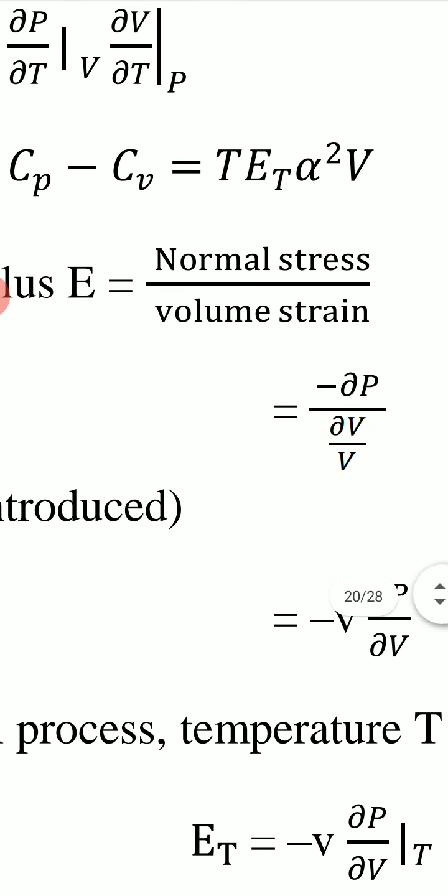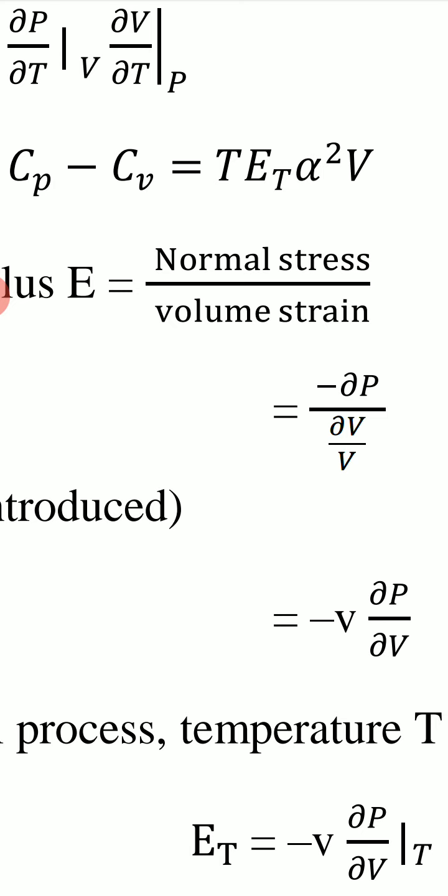Stress is delta P, change in pressure. Pressure is force per unit area and stress is also force per unit area. So we write stress as delta P, change in pressure. And when pressure is changed, volume is also changed. And we have a volume strain, and volume strain is delta V upon V. Volume strain is change in volume upon original volume.